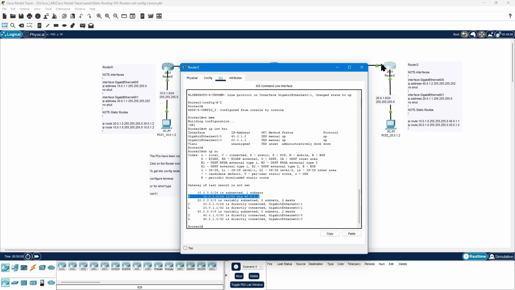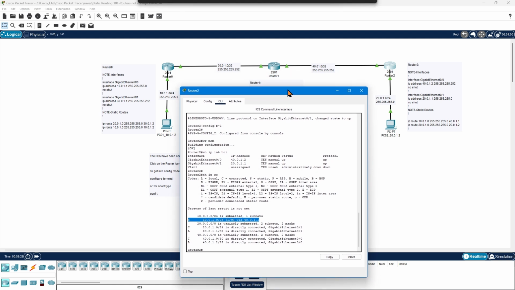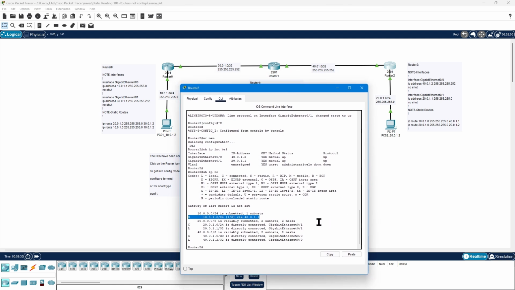So this outward bound portion up here is this 40.1, and when I say 40.1, I really mean 40.0.1.1, and then his .1 talks to his .2 on the middle router here. And that's how the routes are known both ways.